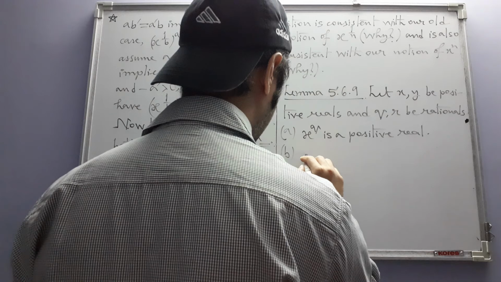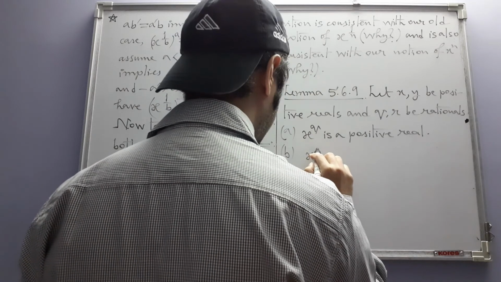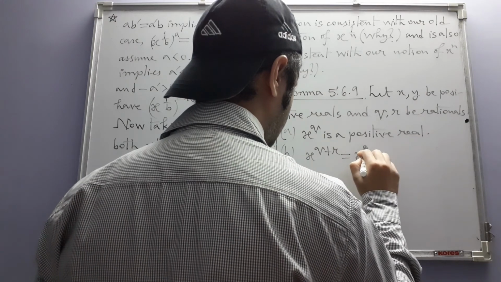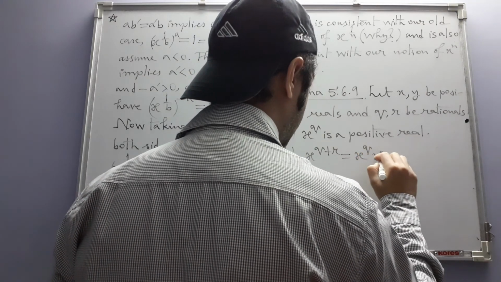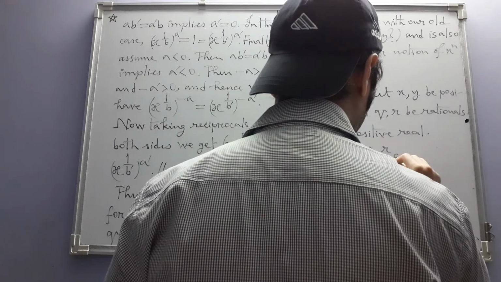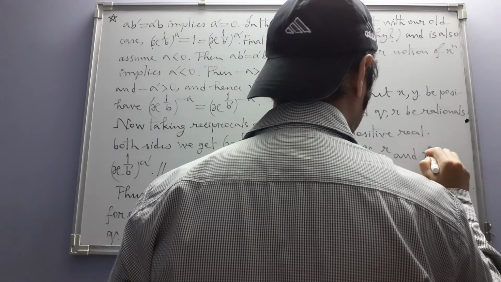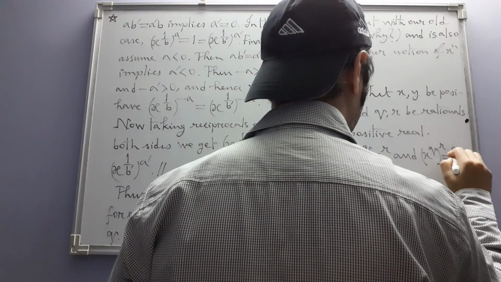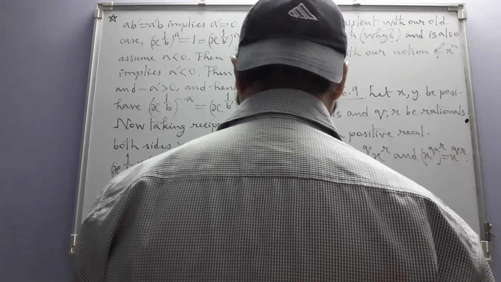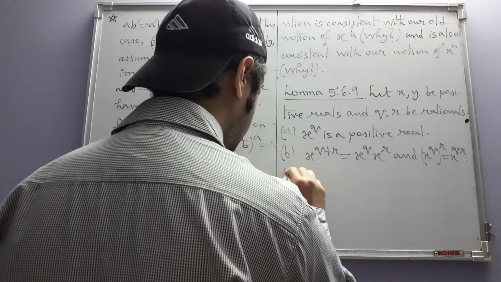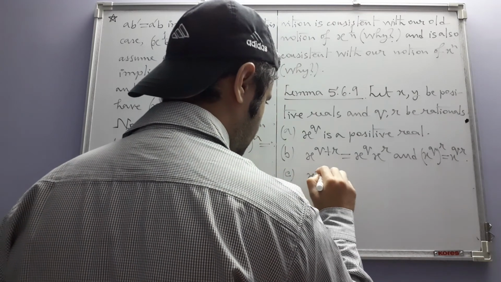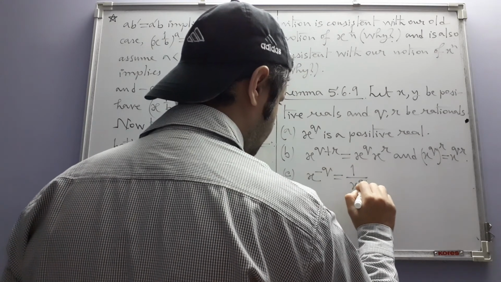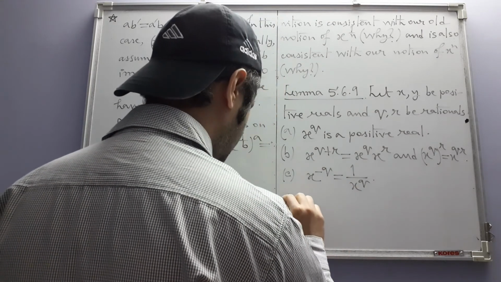B, the usual rules of exponent: x to the power q plus r is x to the power q times x to the power r, and the other one, x to the power qr is x to the power q to the power r. C, x to the power minus q is the reciprocal of x to the power q.